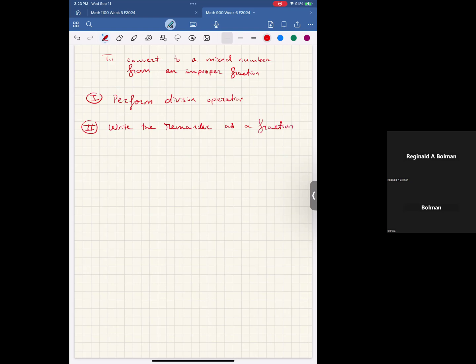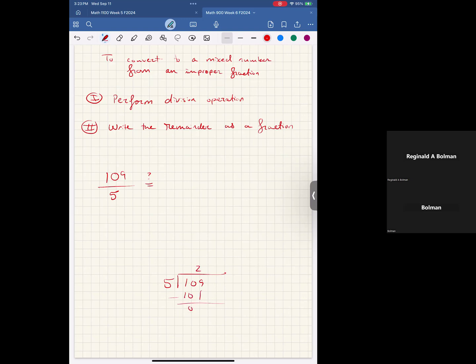So just as another example, let's say you wanted to convert the improper fraction 109/5. What is this equal to? Well, you would have to do the long division by hand. 5 goes into 10 2 times. 2 times 5 gives you 10.